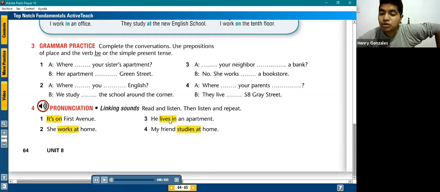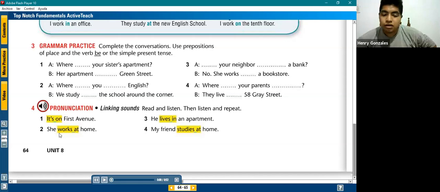Right? So here, students, as you can listen, we join these words. We join the sounds, okay? It's very common to do it. Es muy común hacerlo. Siempre que termine en una consonante, la siguiente palabra empieza en una vocal, es muy común hacer esto, ¿no? Unir sonidos, para que suene uno solo, right?